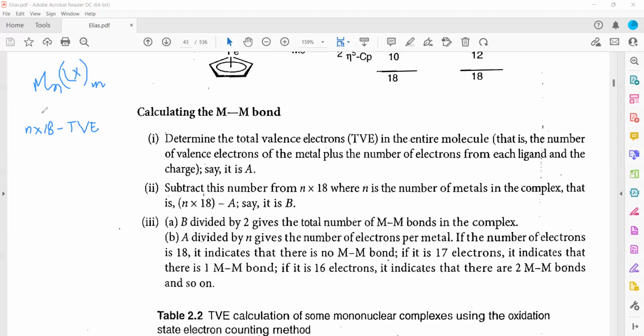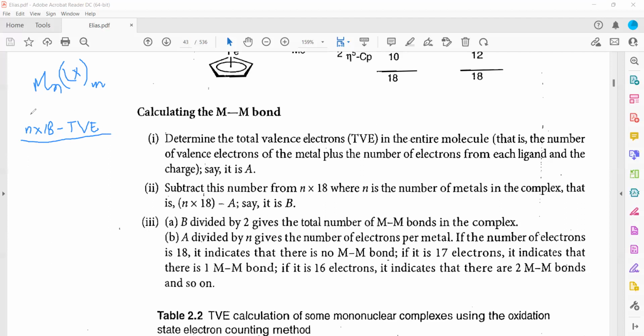But there's a chance of metal-metal bond, so this 18 electrons per metal is not valid here. So you need to subtract the total valence electron count of the metal complex. And we already studied in table 2.2 how to calculate total electron count, and I hope that it is clear. And then you need to divide.